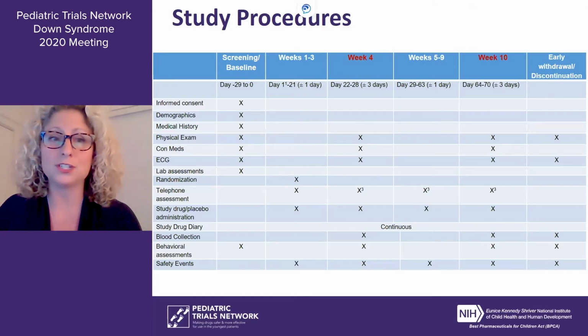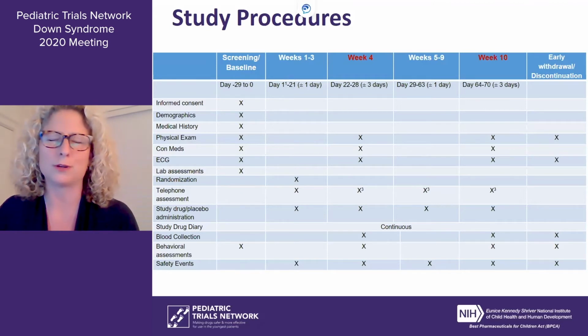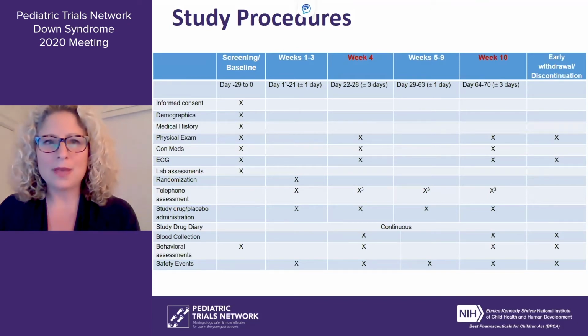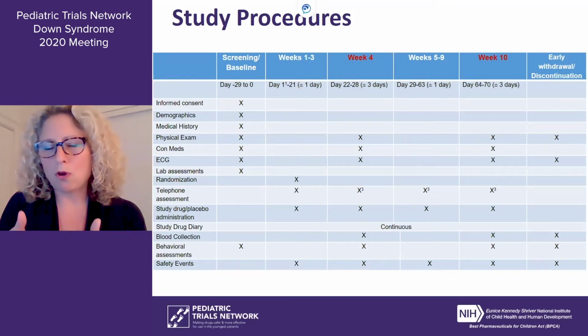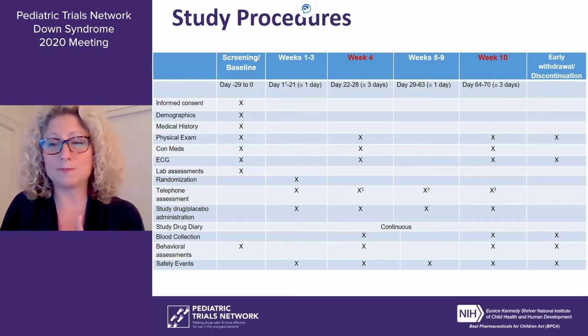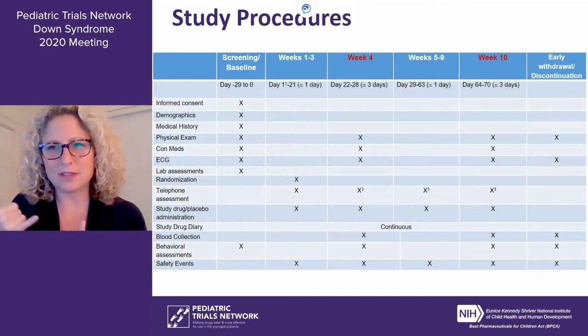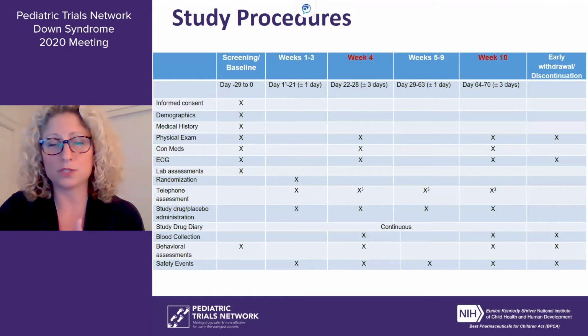We get a baseline EKG and some baseline labs to assess renal function and kidney function and liver function, etc. We'll also get some baseline behavioral assessment scores at that time. The day they get randomized, they'll be randomized to either active drug or placebo, and then they will go home and they will start on that medicine at the lowest dose. And every week they'll have a telephone assessment, which we're going to talk about in a minute, which will assess the safety of that medicine and determine whether it's safe for them to escalate to the next dosing regimen.